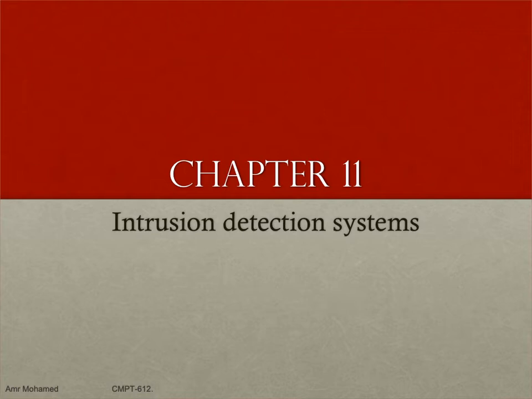So in that case, we need a second line of defense. Despite all the security protocols that we have studied so far, there could be some vulnerability in the system, either in the software or in the hardware.